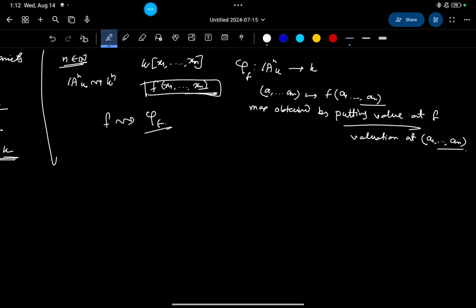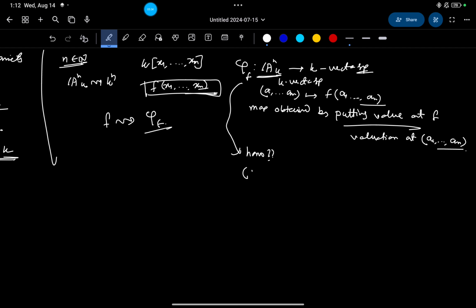Okay, so what can you say about this phi_f? Is it a homomorphism? So this is a vector space. In fact, it is a k vector space. So is it a vector space homomorphism?